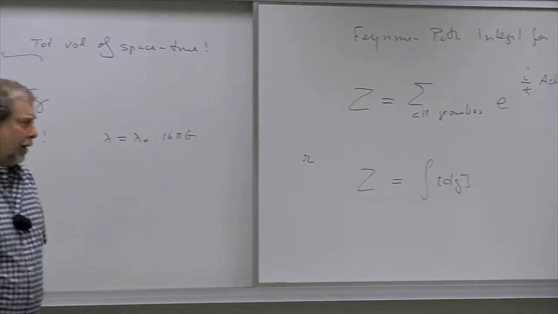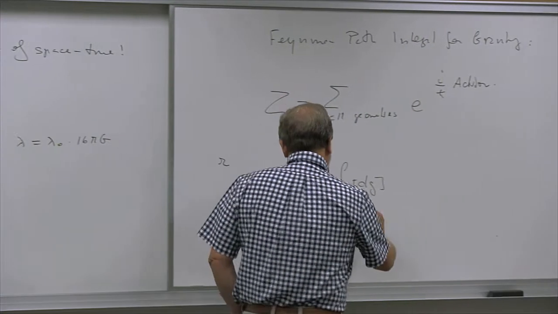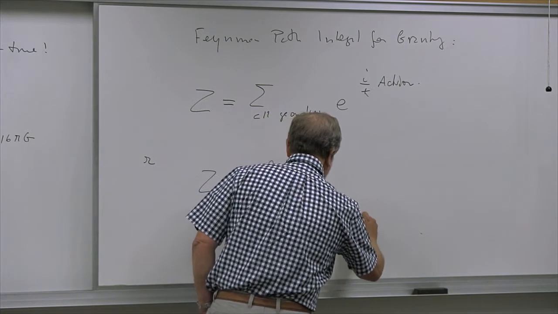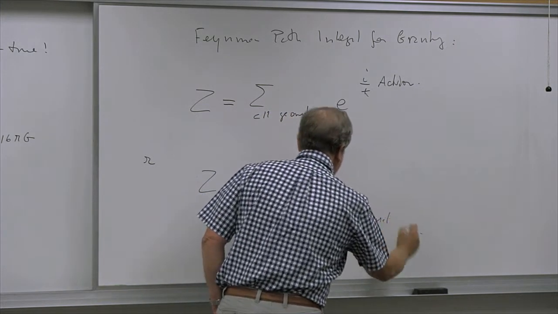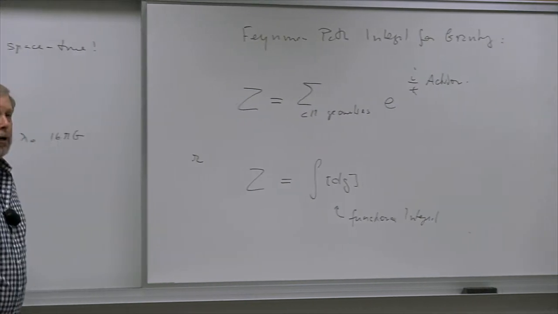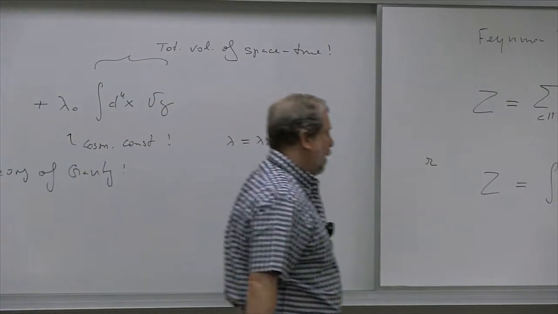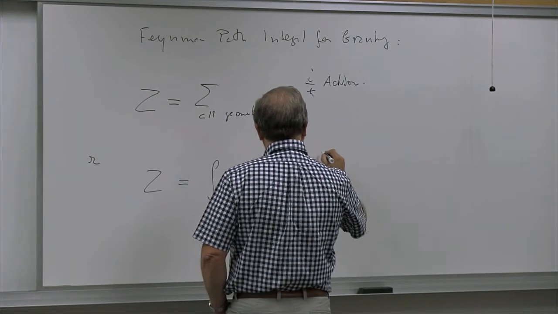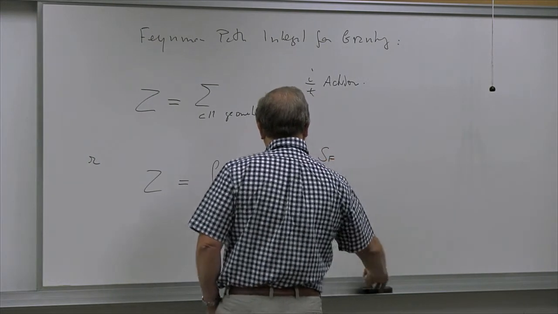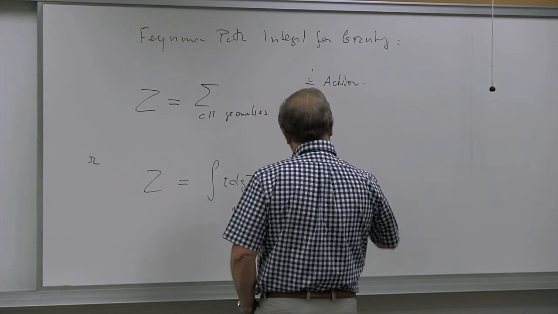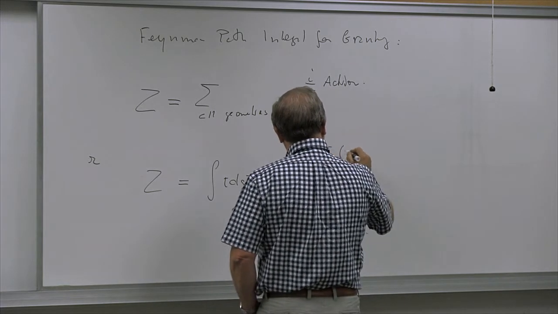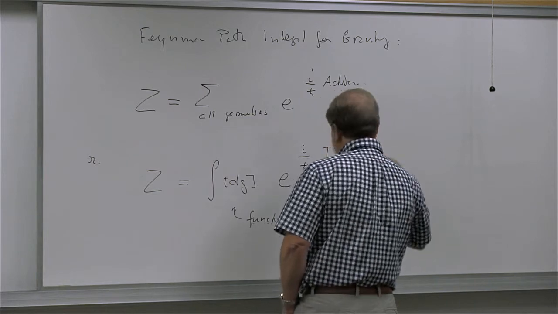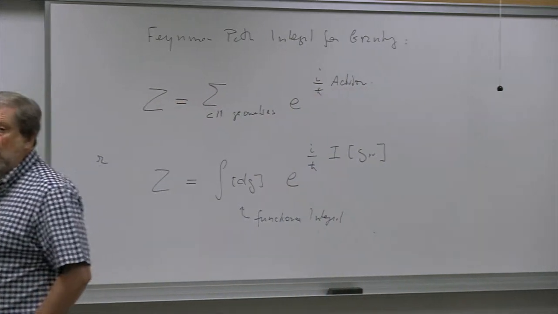So it is a functional integral. And that functional integral will involve now the action. And so it's e to the i over h bar times what we call I, right? The action I, which is a functional of the metric g mu nu.